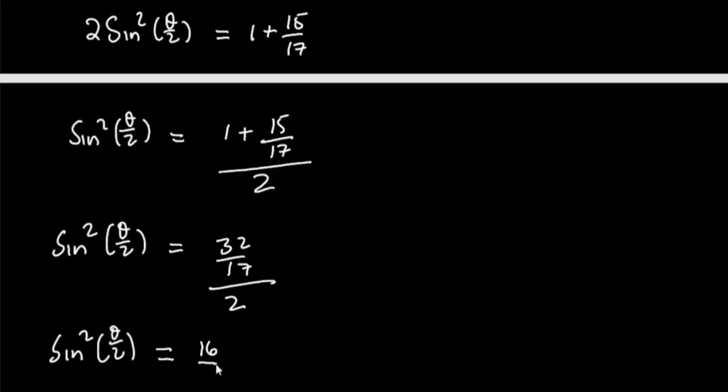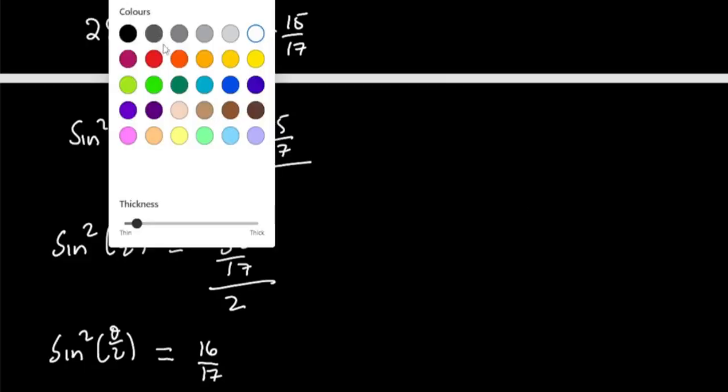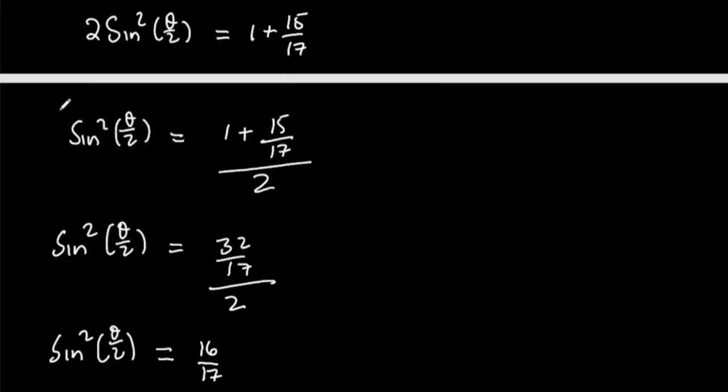Right. So remember, we said that the sine squared of theta over 2, we can write that as the sine of theta over 2 and everything squared. So that is what this is equal to.